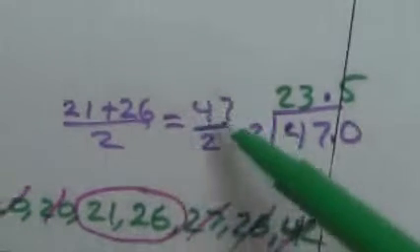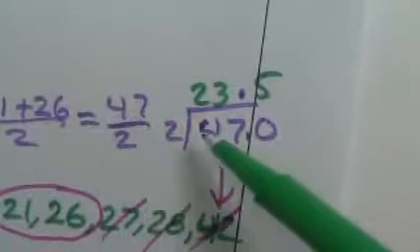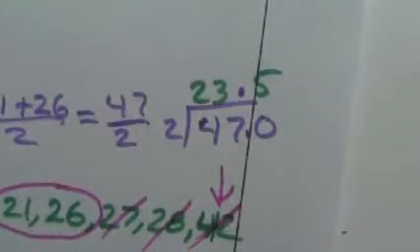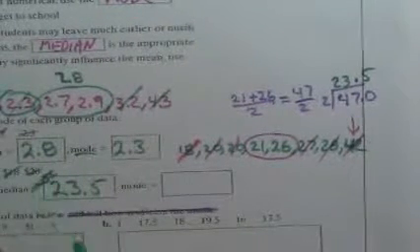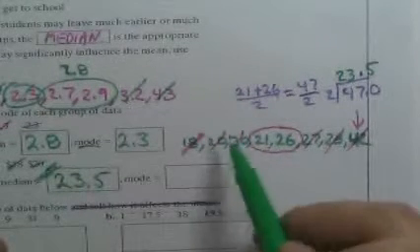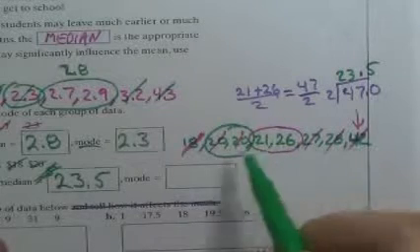That gives you 47 over 2, half of 47. If you cannot figure that out mentally, just divide it out. You'll end up with 23.5. So our median is 23.5. And then the mode is the most often number, and that looks like the number 20.